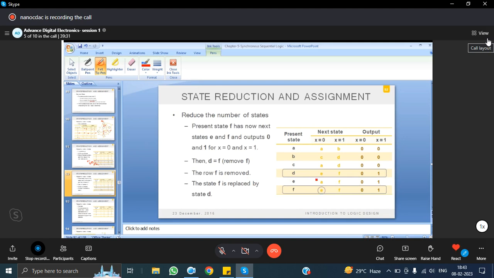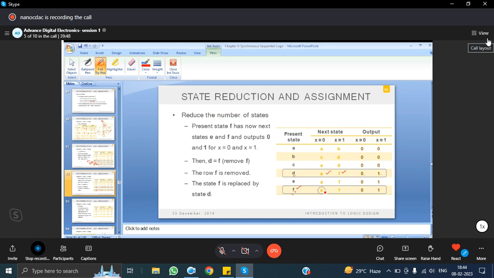Just observe, you can see here D and F. If you notice D and F, D has the next states E and F, and the outputs are 0 1.